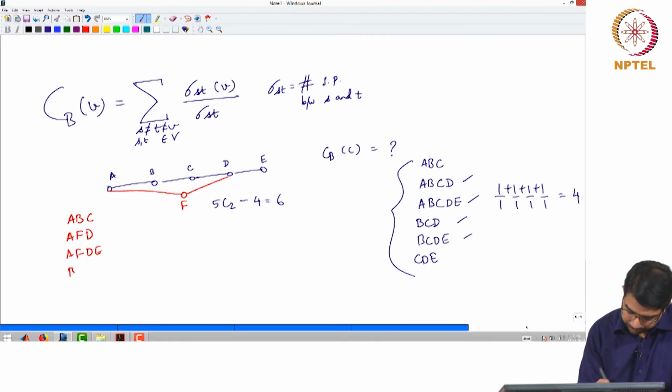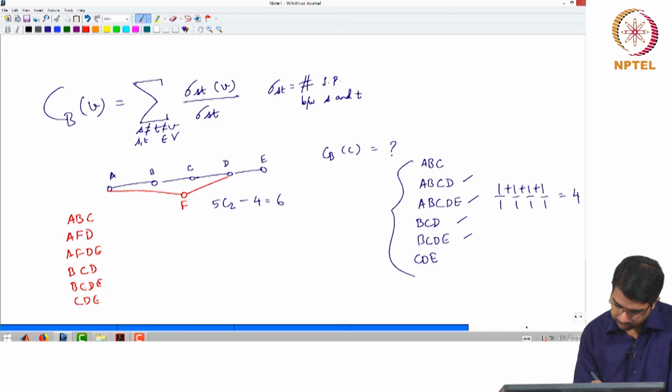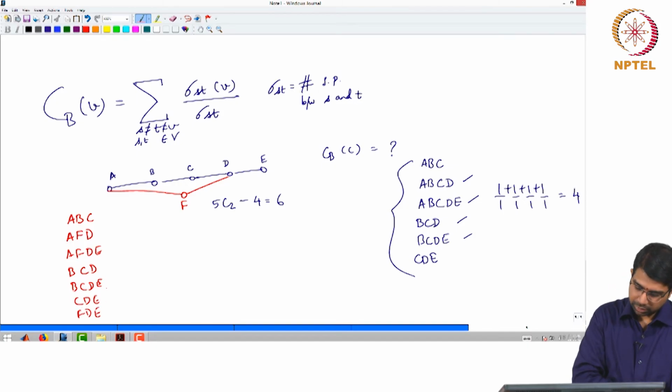Then you have B, C, D is still the shortest path, B, C, D, E is still the shortest path, C, D, E is still the shortest path, F, D, E is also a shortest path.